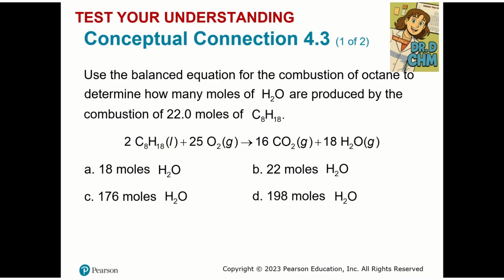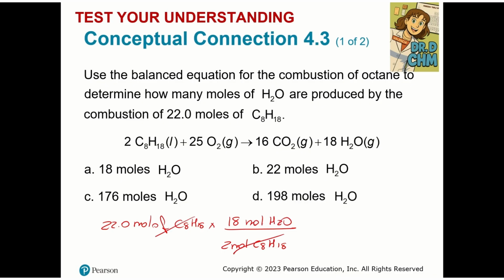Use the balanced equation for the combustion of octane to determine how many moles of water are produced by the combustion of 22 moles of octane. Good. You have 22 moles of octane, and you know that 2 moles of octane will produce 18 moles of water.